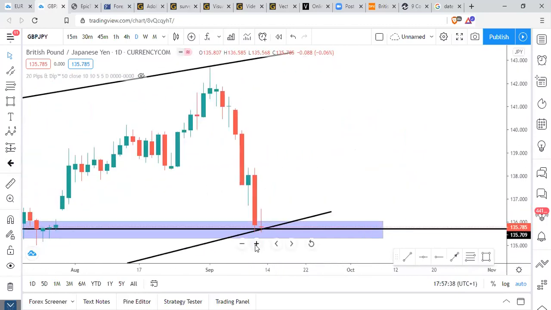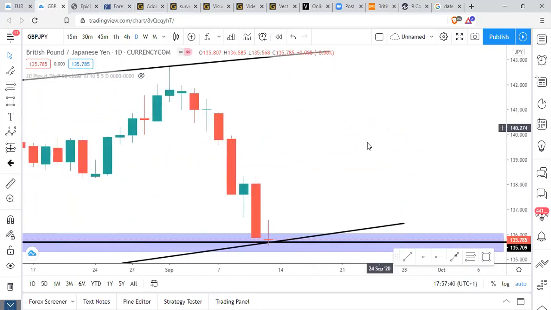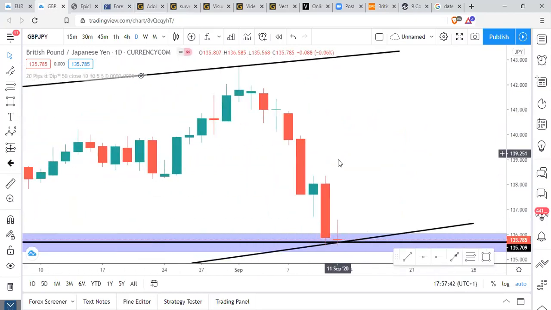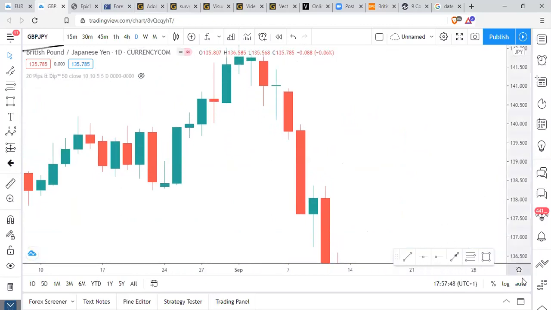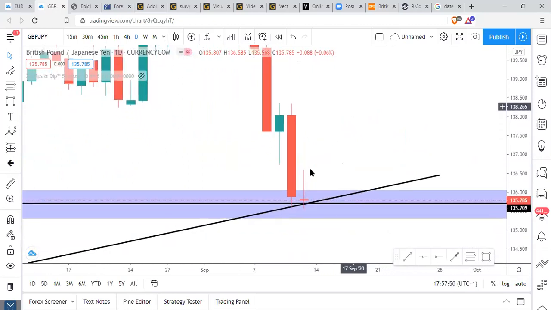Well, look at this candlestick now. I don't know if you guys can really see it, but look at this candlestick. First of all, this is bearish engulfing.